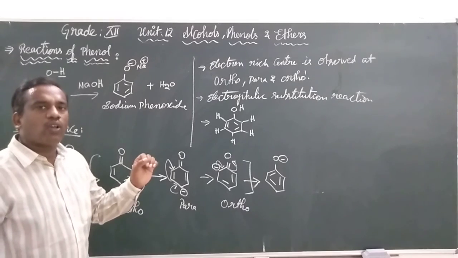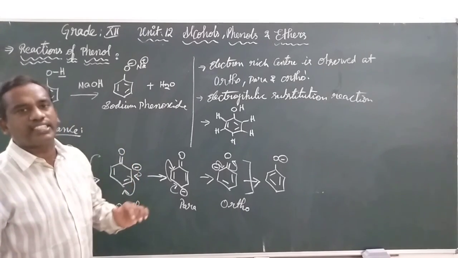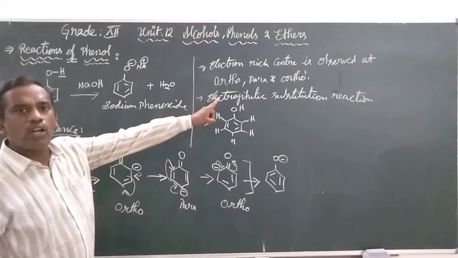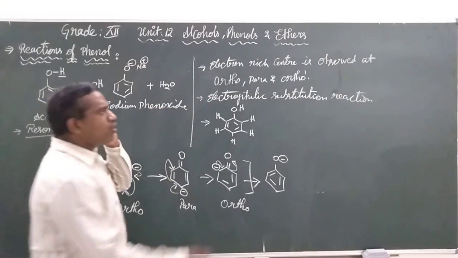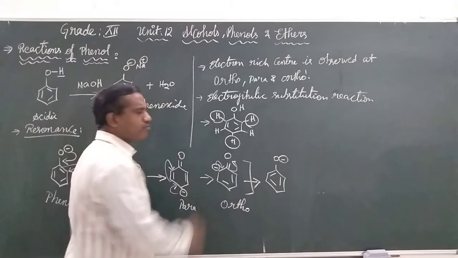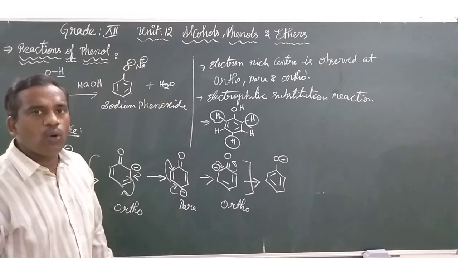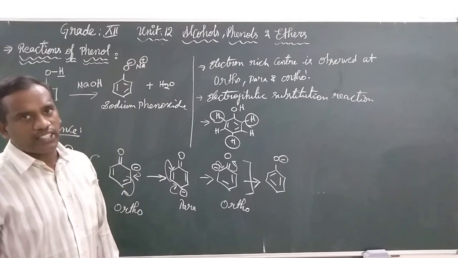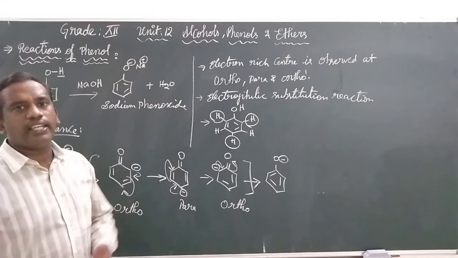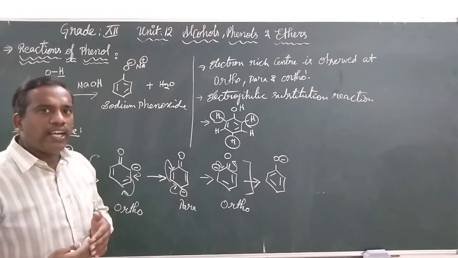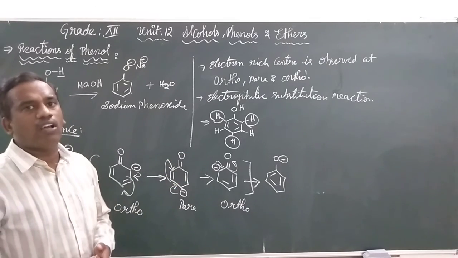It will happen where there is an electron-rich center. Where do we find the electron-rich center? We find it at ortho, para and ortho dash. So the hydrogen atoms located at ortho, para and ortho dash will be removed in the form of H plus by the entering electrophile. So the entering electrophile enters by replacing the H plus ion.